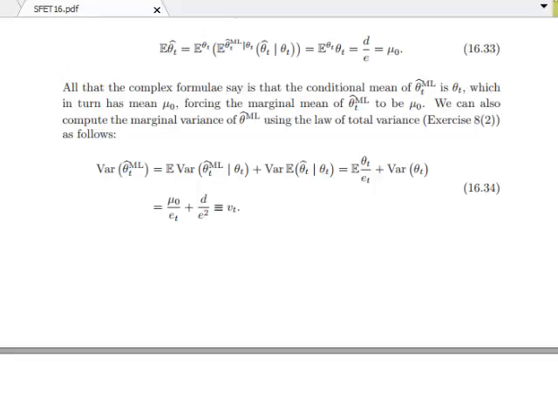So we just take the sample average of all of the theta hats, and we match it to the prior mean. Similarly, we can take the variance of the observations and match it to the variance of the prior, and that's it.